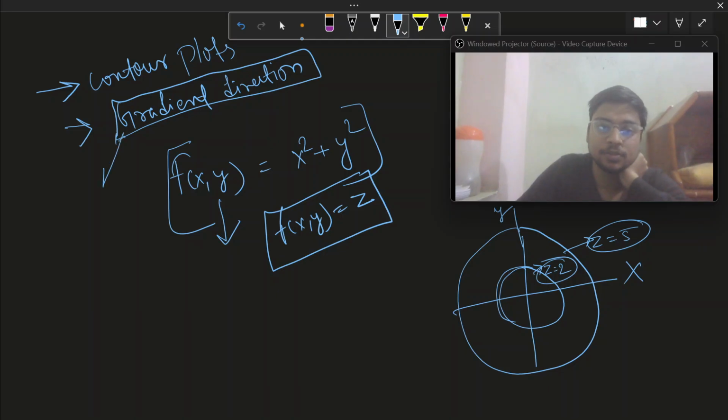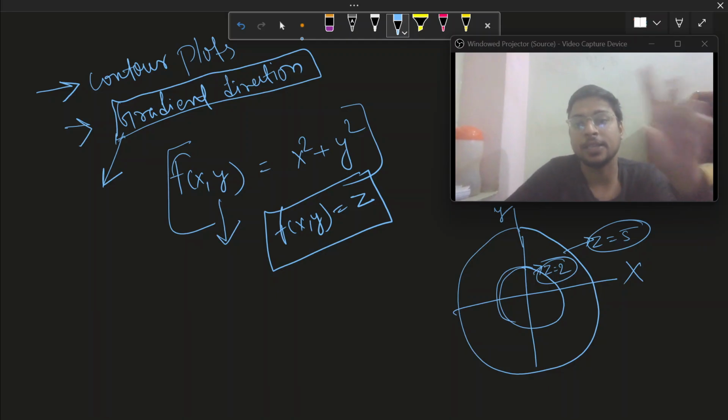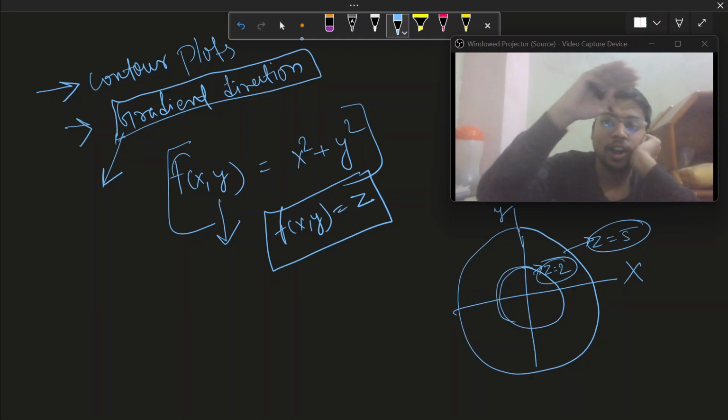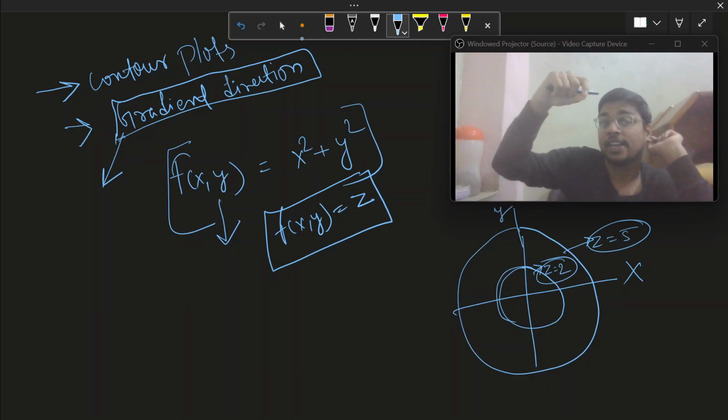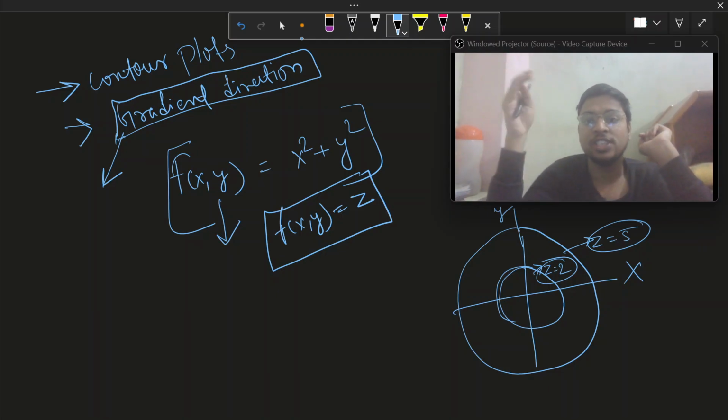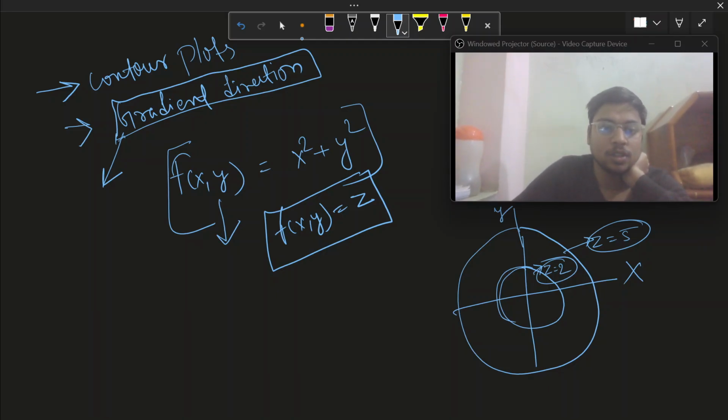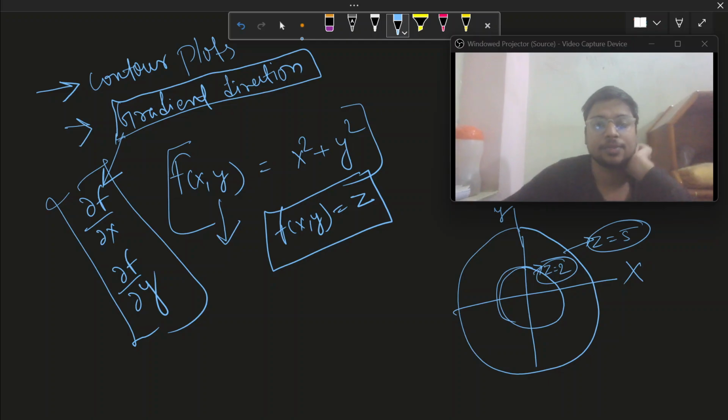And what is the gradient direction? It is the direction which points to the steepest. So del f by del x and del f by del y is the gradient.